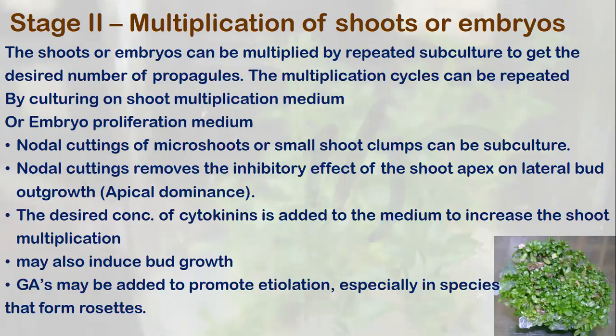Otherwise, also for shoot growth and shoot differentiation, it is the cytokinin which is required. I have told you in the lecture on morphogenesis why cytokinins are important. Cytokinins are important because they are required to induce cell division, to break dormancy, and to achieve shoot multiplication. And all these things are interlinked. Cytokinins are produced in the growing root tips, and auxins are produced in the growing shoot tip.